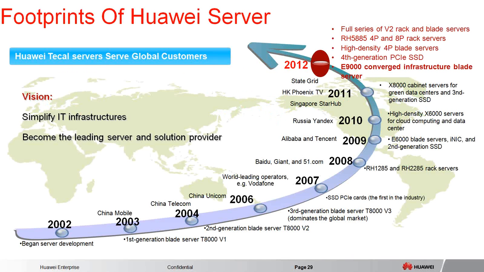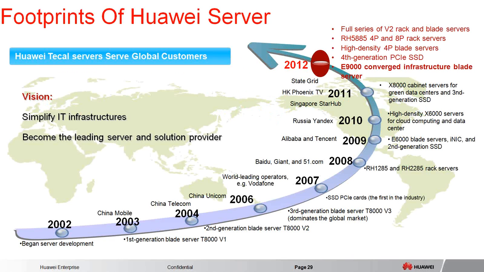Huawei started the server product line in 2002. Of course, the first generation of the Blade server, T8000 V1, was introduced in 2003. The second generation in 2004, the third generation in 2006, and as the chart indicates, it goes on. But 2012 was a breakthrough for us. We presented the E9000 at the HPC, High Performance Computing show in Denver, Colorado.